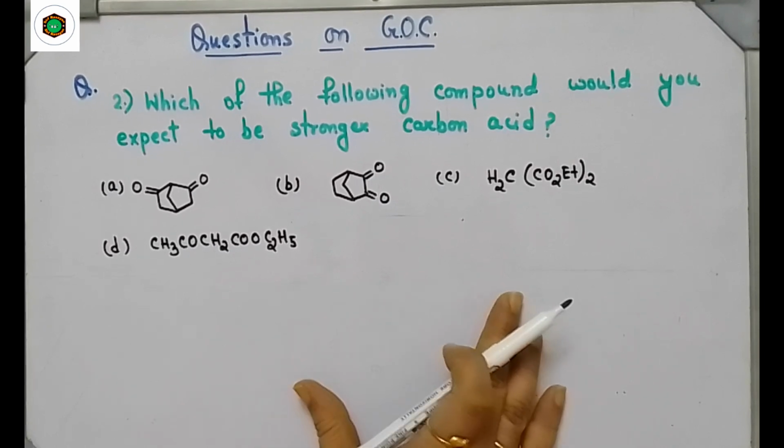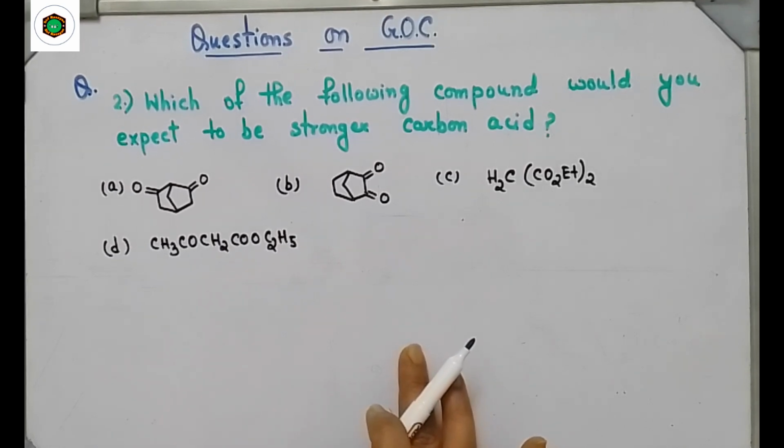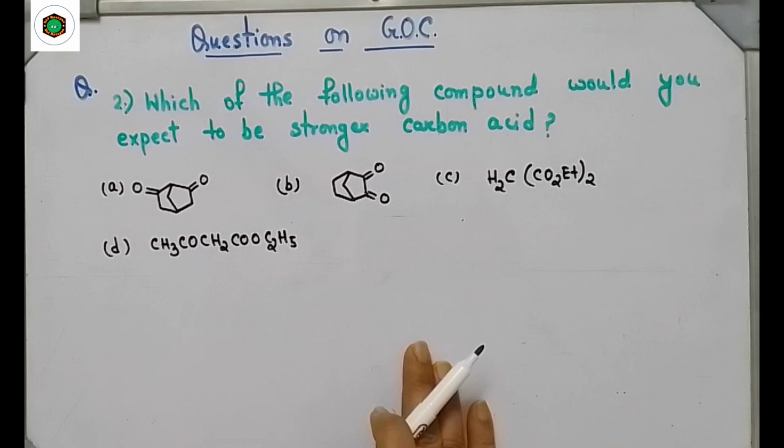Next question. Which of the following compounds would you expect to be a stronger carbon acid? 4 compounds are given. Always remember, the more stable the conjugate base is, the more acidic is the parent acid.